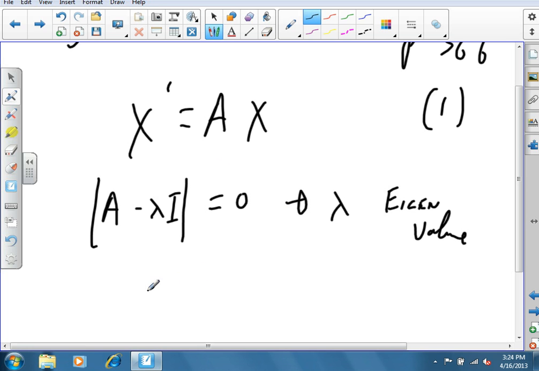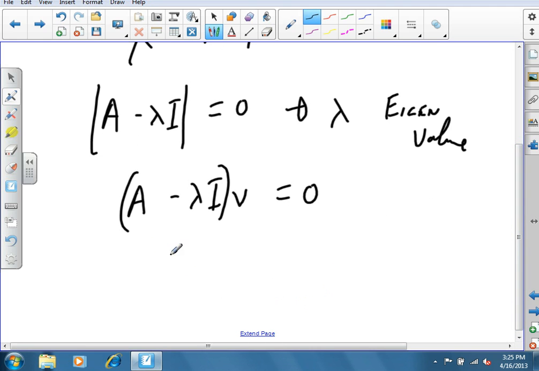Then I'm going to take those eigenvalues one at a time and go A minus lambda I times v, set it equal to 0, and I'm going to find eigenvectors. So if I have 4 eigenvalues, I'm going to find 4 eigenvectors, each of them associated with a lambda. So I'd have a lambda 1, an eigenvalue.